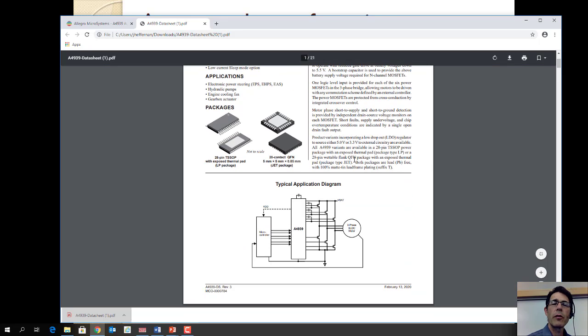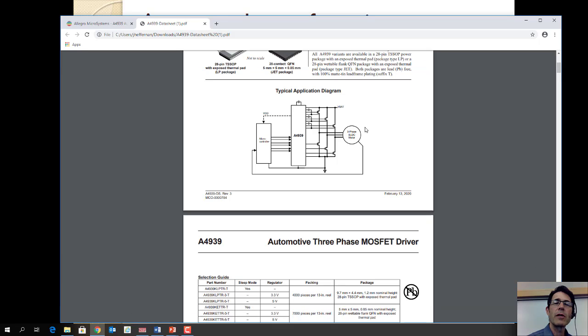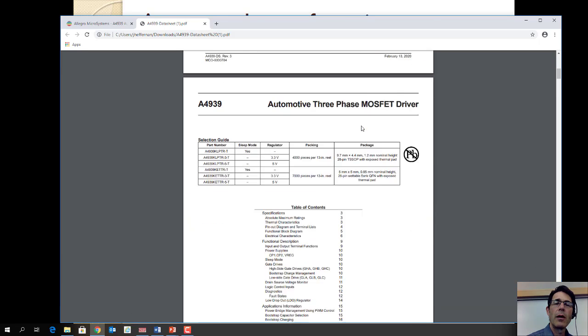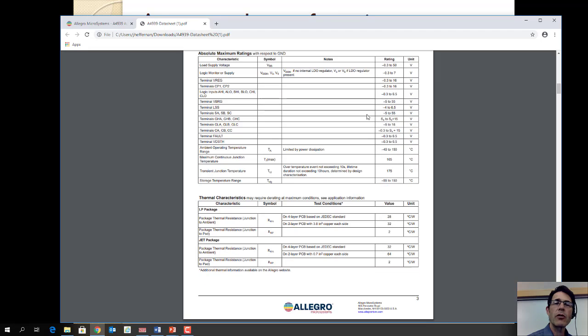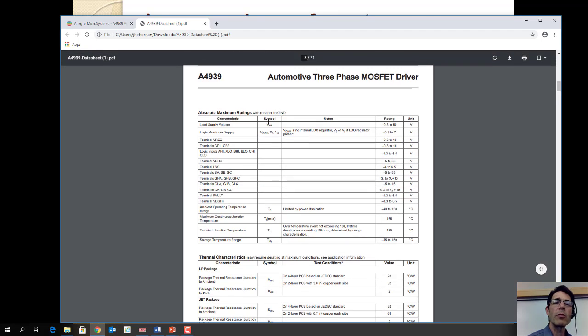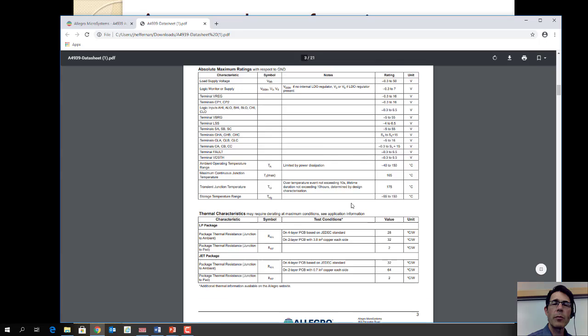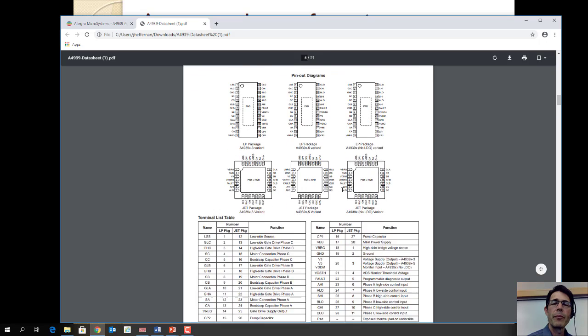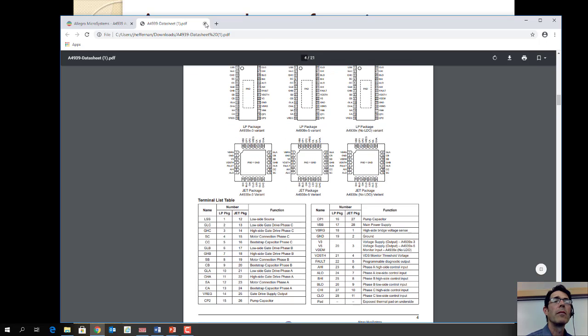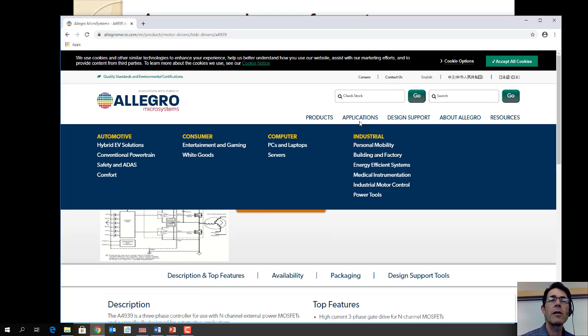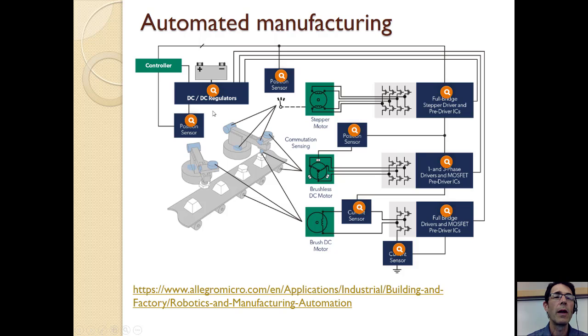So if you were an engineer designing this system, this is where you would go to find out what kind of electronics, what kind of power supply is required, what the performance data is. So that's all part of mechatronic systems. It's the electronics that's behind it. All these other links will also lead you to different electronics.